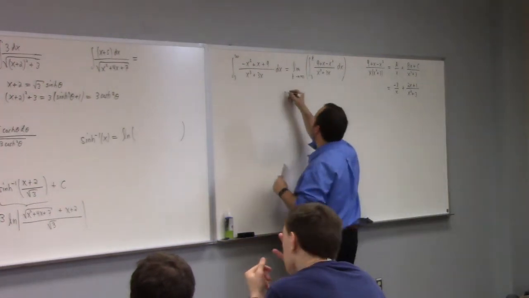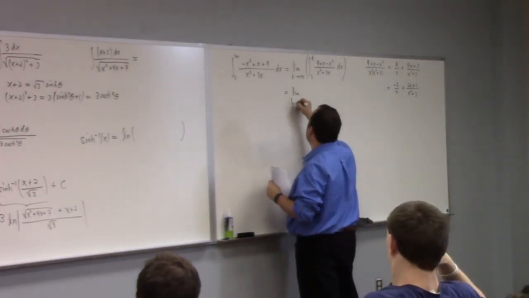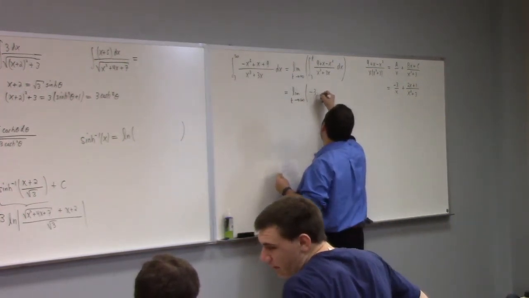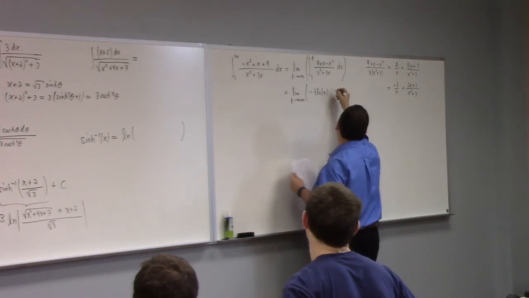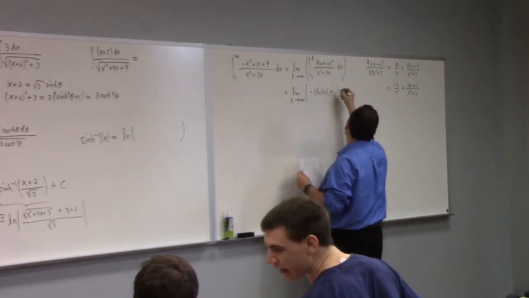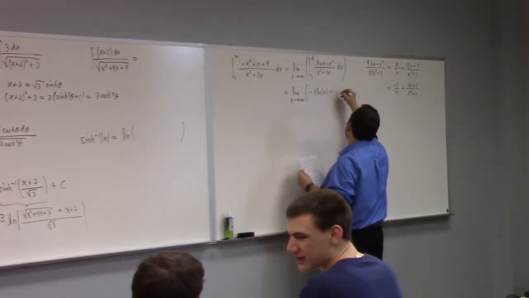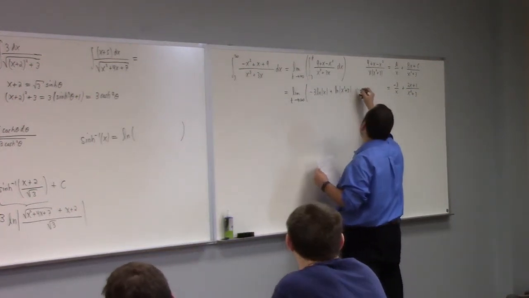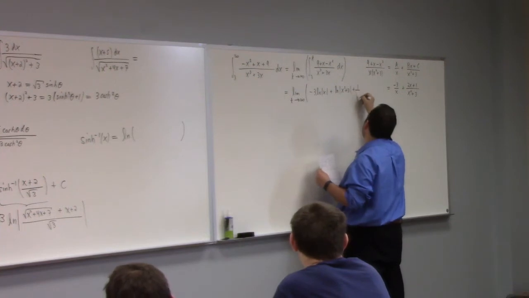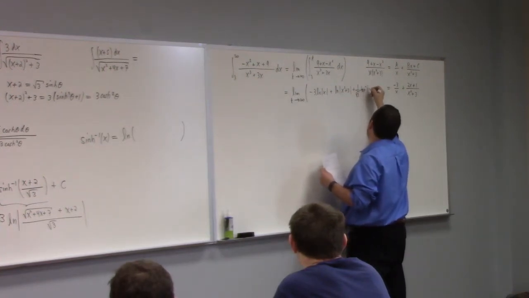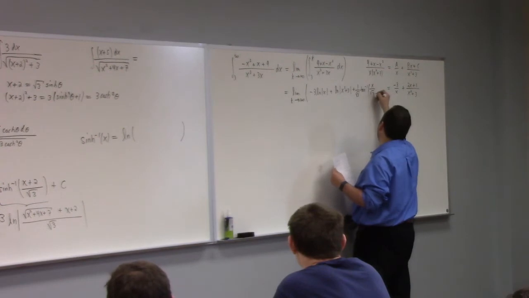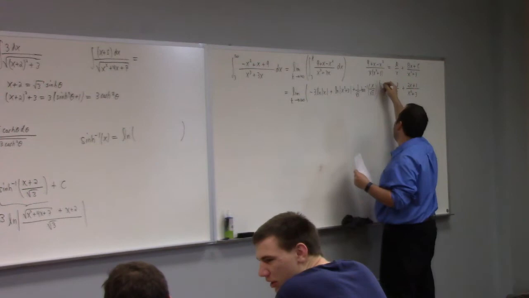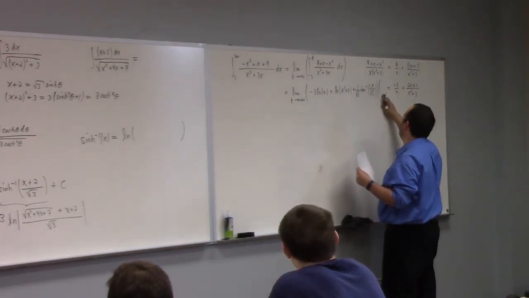So with that in mind, we have the limit as t goes to infinity. If you do the integral, we've got minus 3 natural log the absolute value of x plus the natural log of the absolute value of x squared plus 3 plus 1 over root 3 inverse tangent of x over root 3, I believe. Take that whole thing and evaluate from 3 to t.